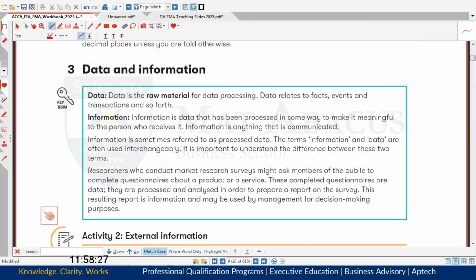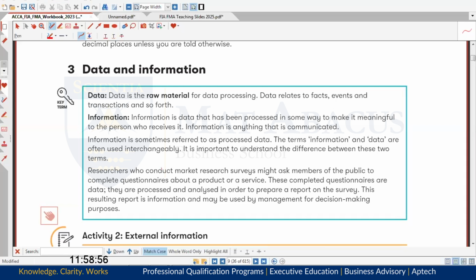Then let's look at data and information. We already talked about this and said data is something which is raw, okay? When you get something from its original source, for example, if I pass a list of your names, that is data. And when you process that data, for example, I pass a list of your names and age, I'll end up saying the class has an average age of this, okay?